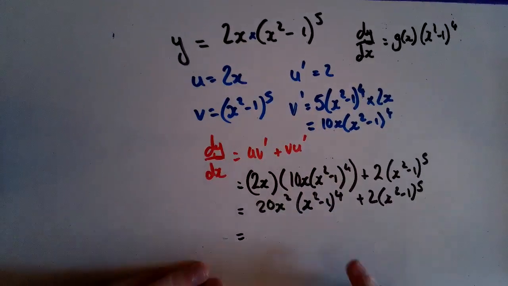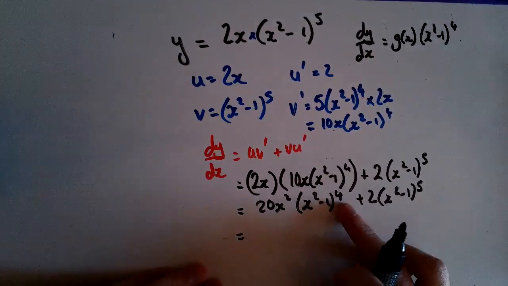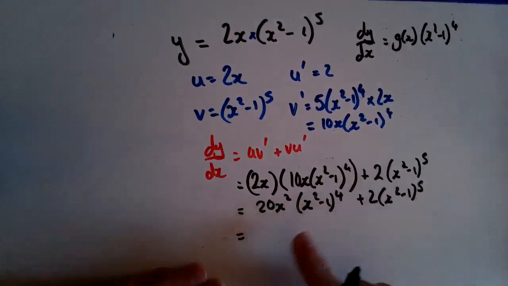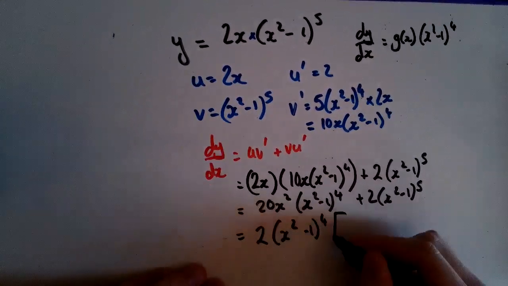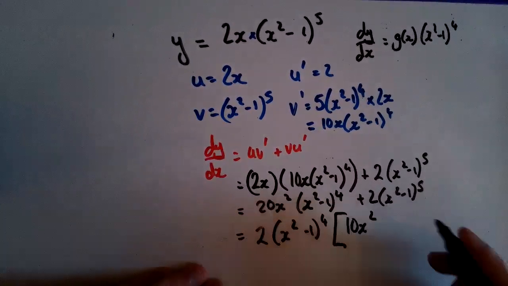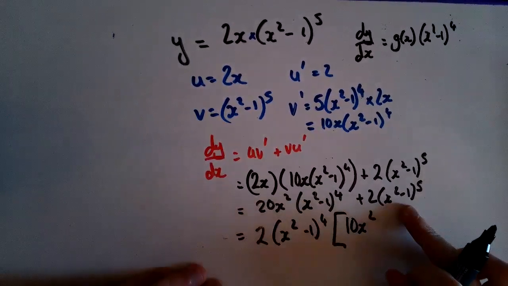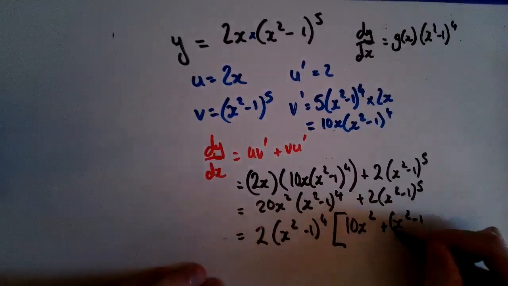Well, there's a common factor. I can take (x squared minus 1) to the power 4 out and 2 out. So 2(x squared minus 1) to the power 4, big bracket to see what's left. I took a 2 out, so I'm left with a 10x squared. And I took 4 of these out, so there's 1 x squared minus 1 left.